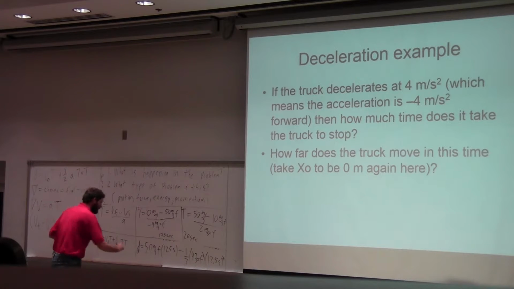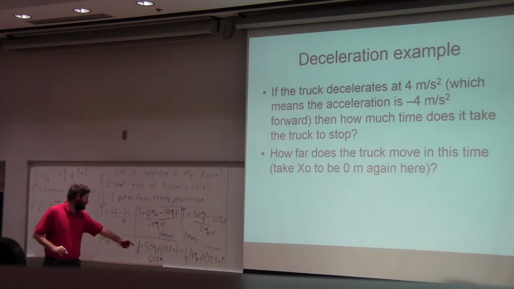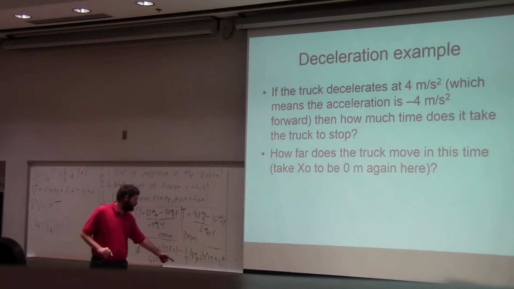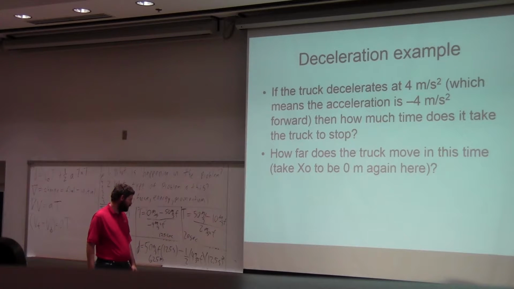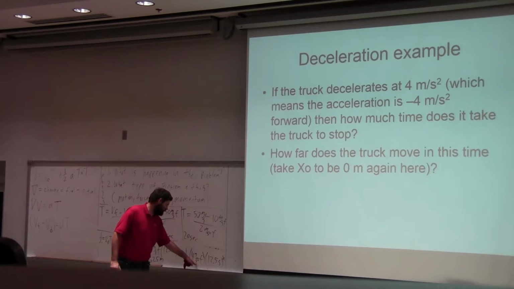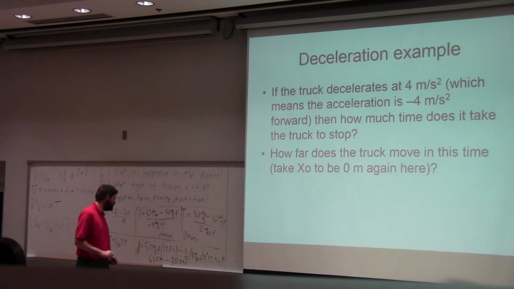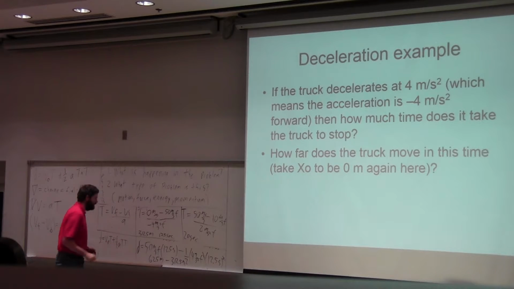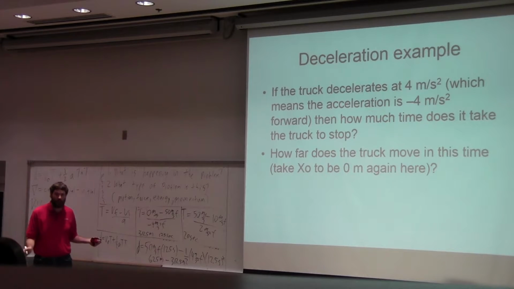That's 625 meters for this. This is, let's see here, this is 25 divided by 2. 25 divided by 2 squared is 625 divided by 4. That cancels out the 4, minus a half. So half of that is that. And so my answer is going to be 312.5 meters.